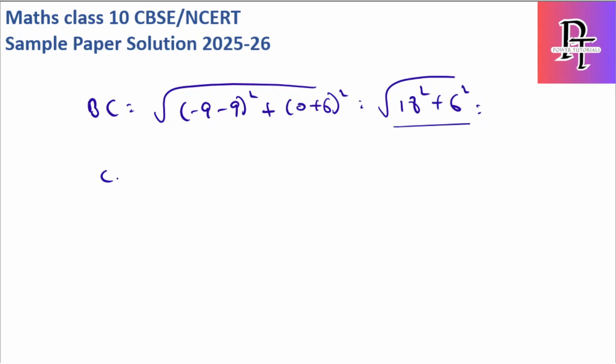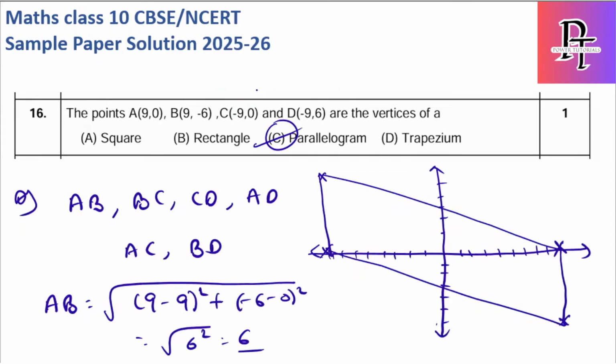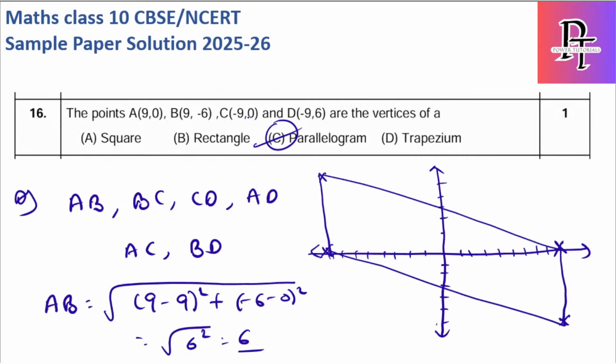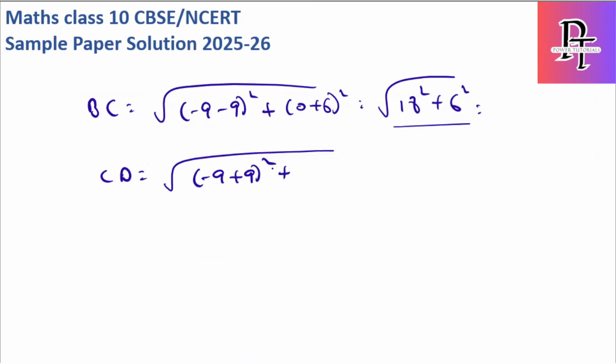Okay, let's go for CD, minus 9 minus 9, so minus 9 plus 9, which will be 0, and the y values 6 minus 0, which becomes 6 square. So if you notice, AB is equal to CD.